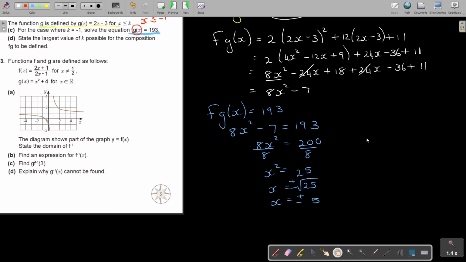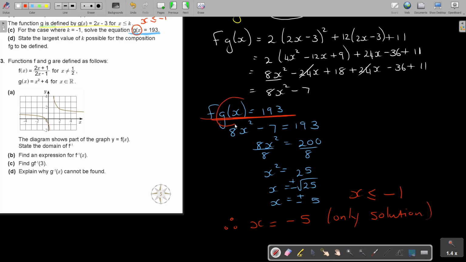So I'm just going to write it here, x is smaller and equal to negative 1. So it cannot be the positive. So therefore, x is equal to negative 5, and that's the only solution. Okay, so please remember that. As soon as you see an equation, look at the domain of this inner function to eliminate one of the solutions if necessary.